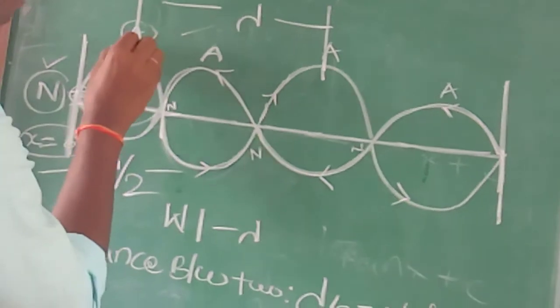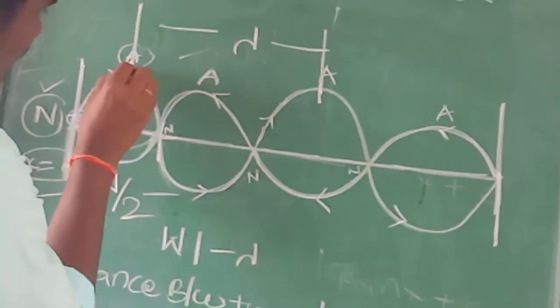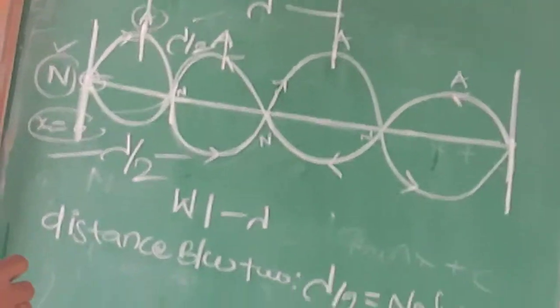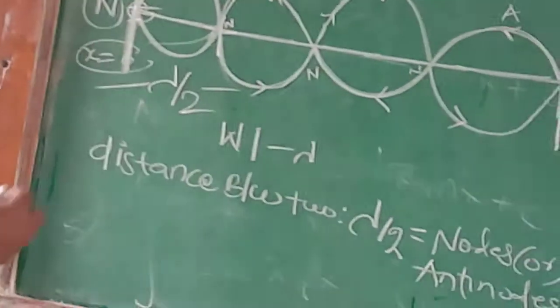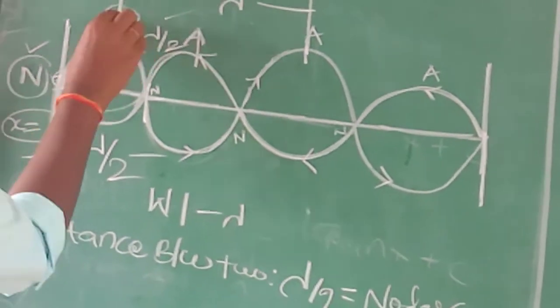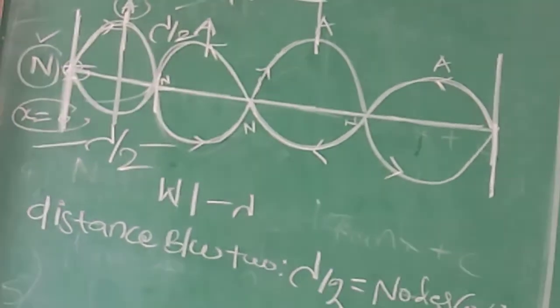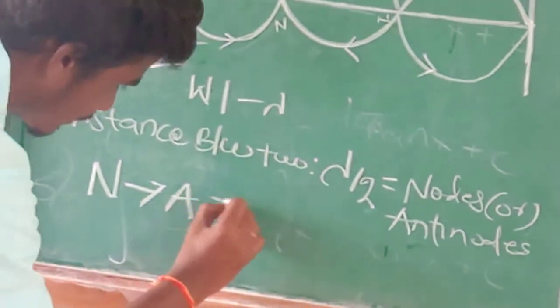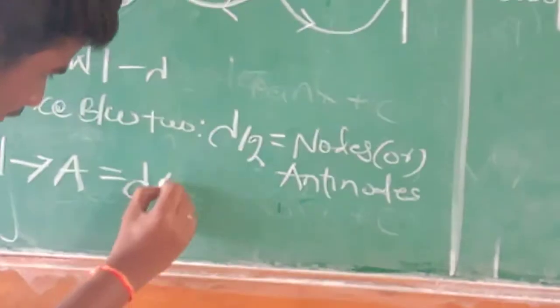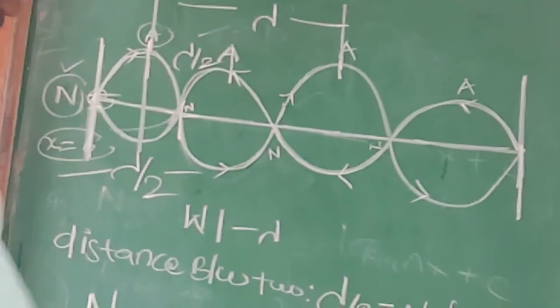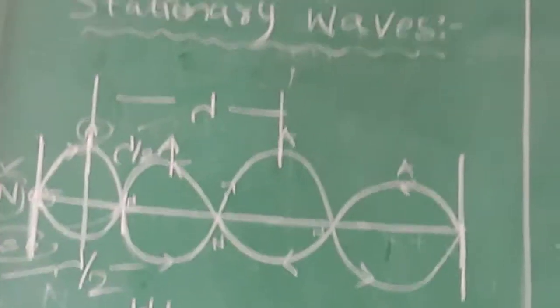The distance from a node to an antinode, from this point to this point, can be written as lambda by 4. These are the basic things of stationary waves.